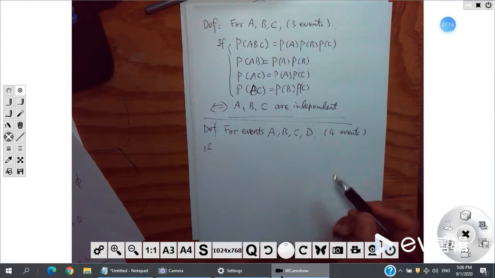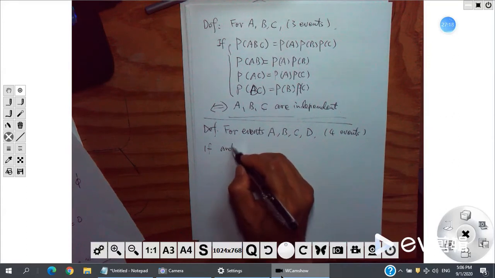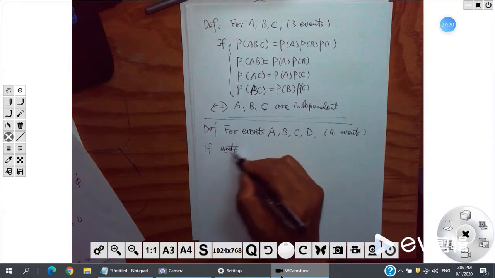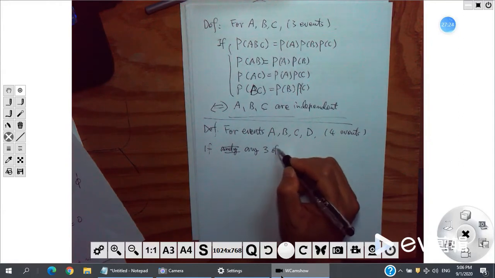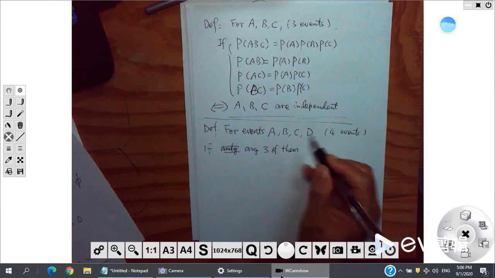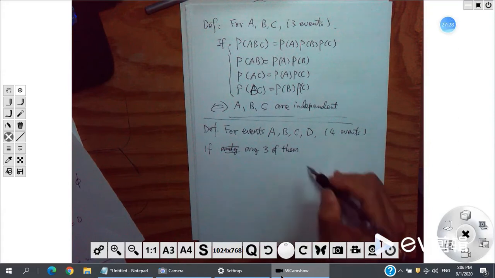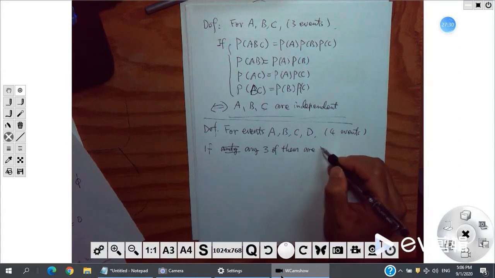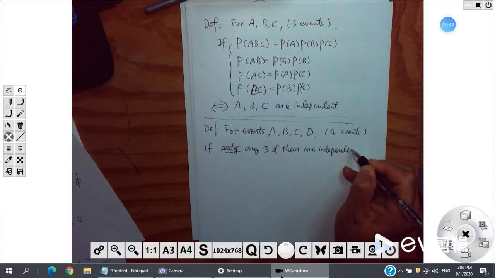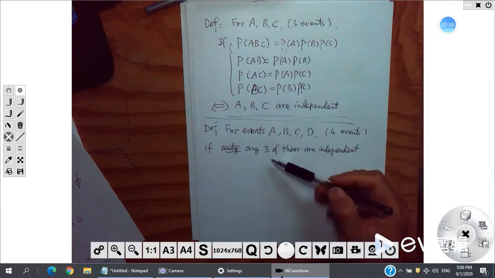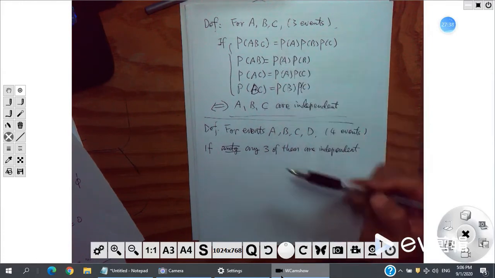So we can see this. If any 3 of them, they totally 4, any 3 of them, they are independent, that means that 3 satisfy these 4 formulas.